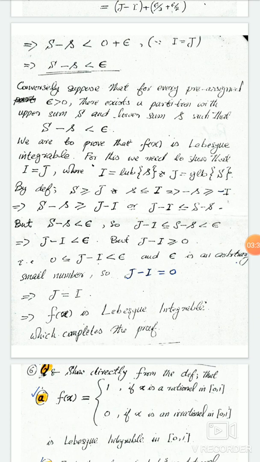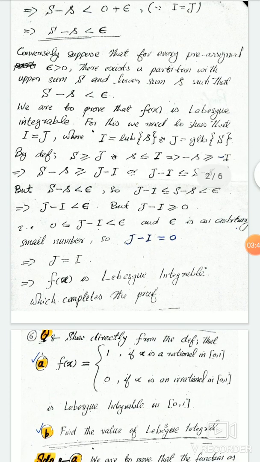By definition of the GLB, S must be greater than or equal to J, and from the definition of the LUB, small s must be less than or equal to capital I. If we multiply by minus, the inequality will change: minus s is greater than or equal to minus I. This implies that capital S minus small s is greater than or equal to J minus I, or J minus I is less than or equal to capital S minus small s.